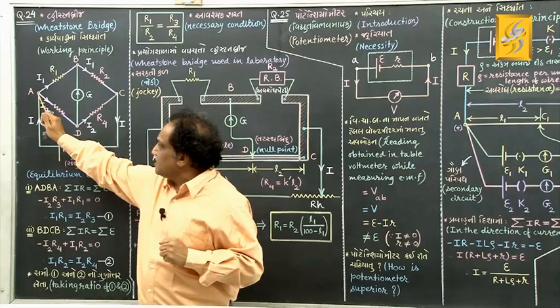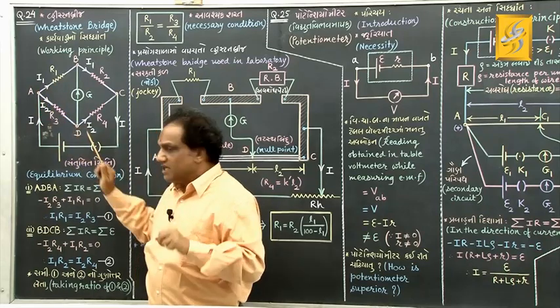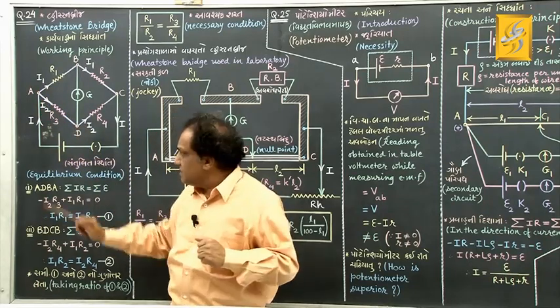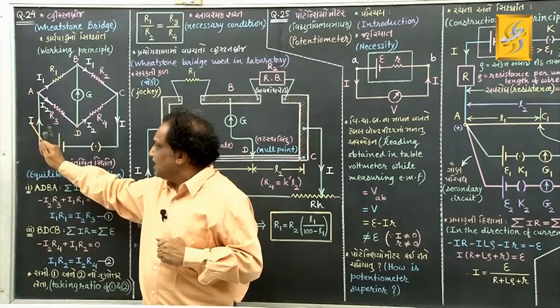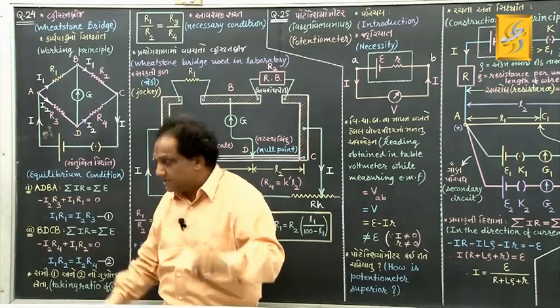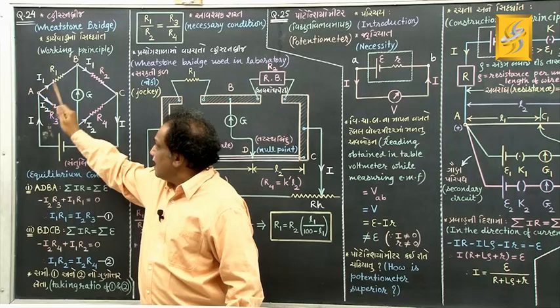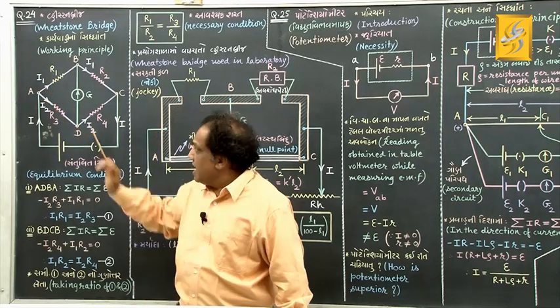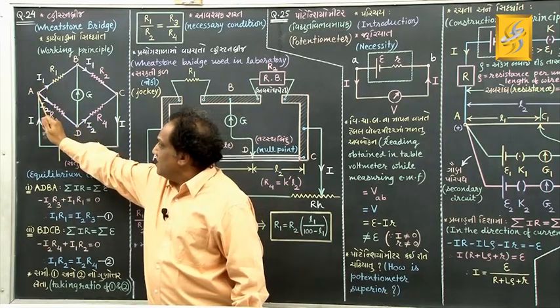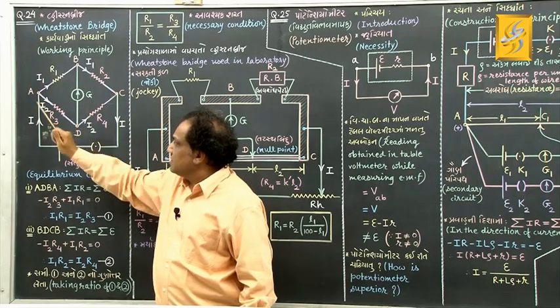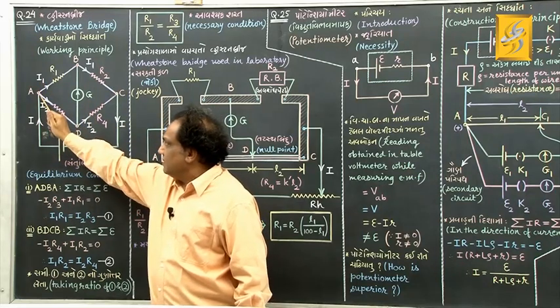Here there are two branches, so this current will be divided into two parts. Let it be I1 and I2. I1 amount of current is flowing in this branch, I2 amount of current is flowing in this branch.